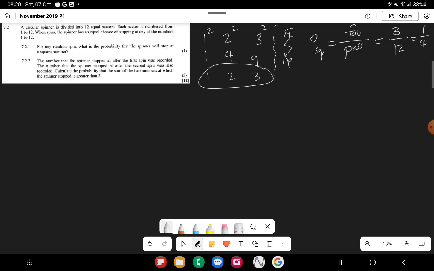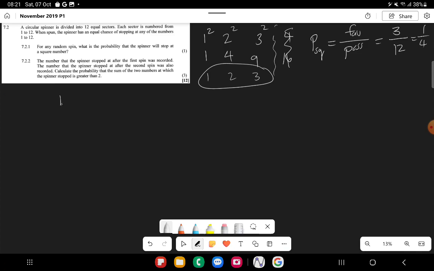That one is pretty high, I think. Greater than 2, I want to say it's almost 100%, because if you get the lowest possible numbers, it's going to be 1 plus 1, which is 2.